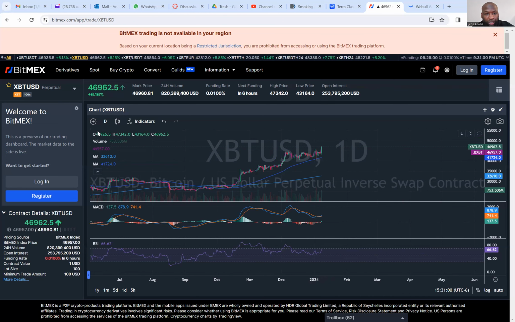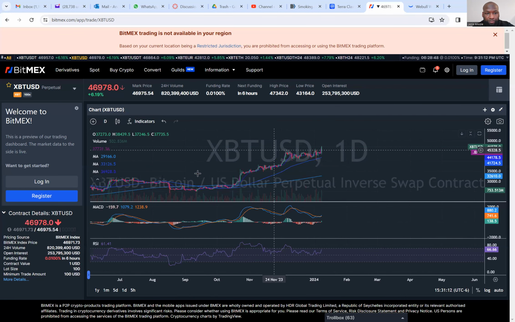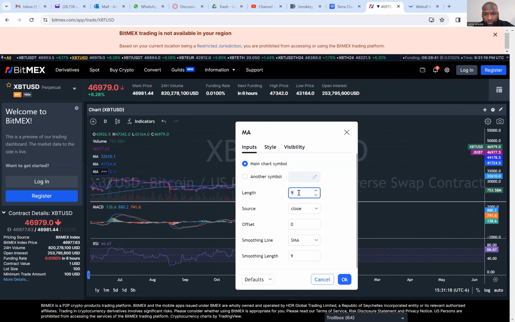So you can decide to add another moving average here. You can add another one, and then settings. So we used 50, so let's use 20 here. So 20.